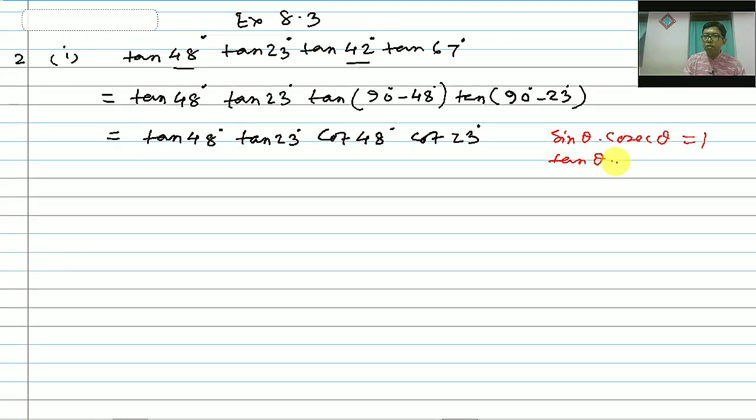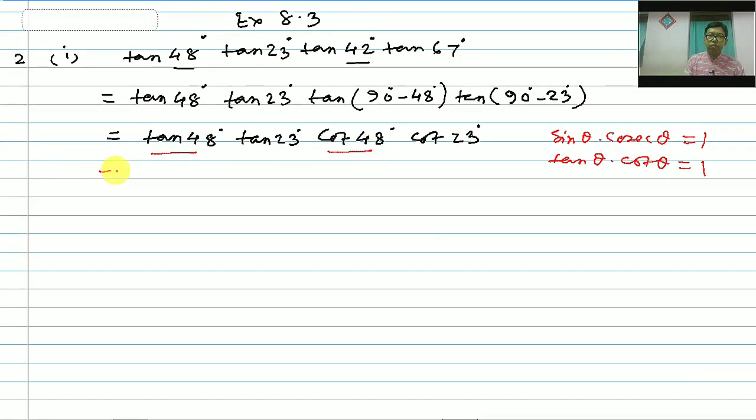Similarly tan theta into cot theta is equal to 1. So here see that this is tan 48 degree, this one is cot 48 degree, means 1, into tan 23 degree into cot 23 degree is equal to again 1. So you are getting 1. This is the result. Okay.